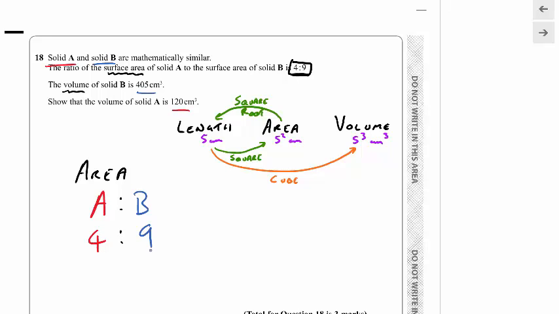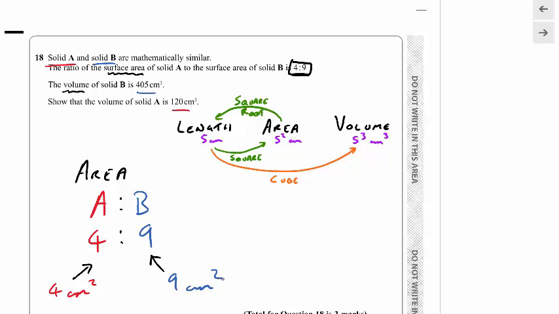Well, that means that I could just take it at face value. So I could just take the surface area of solid A to be 4 centimetres squared. And equally, I could take the surface area of solid B to be 9 centimetres squared. As long as they're in the same ratio, it doesn't matter. So you're happy that I could just take those numbers.